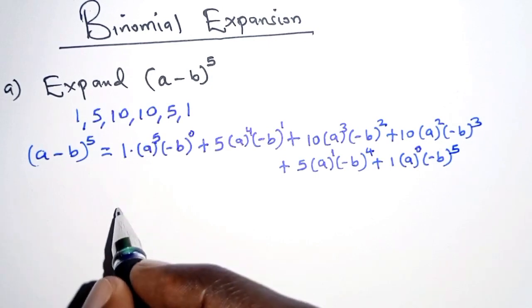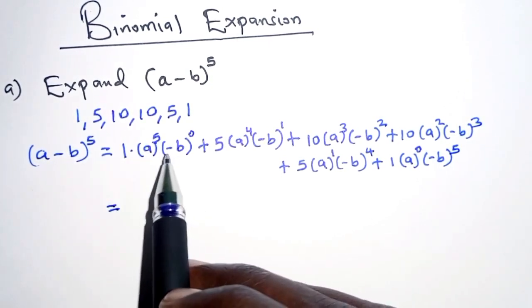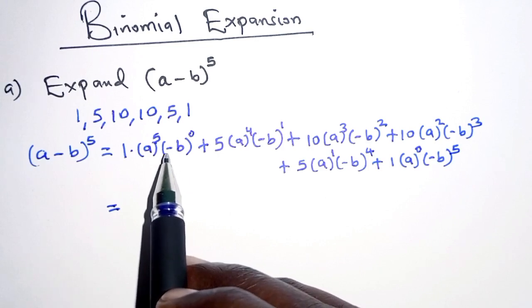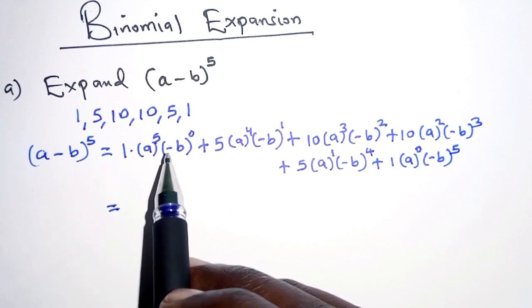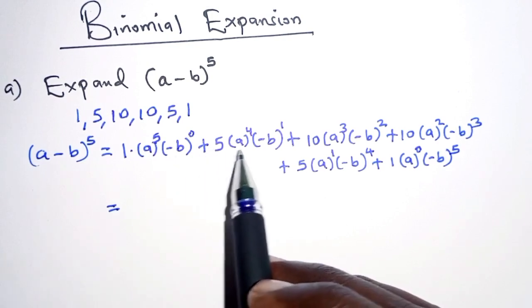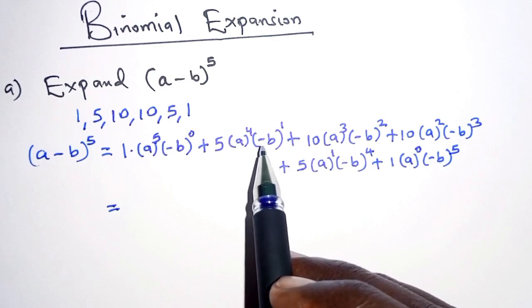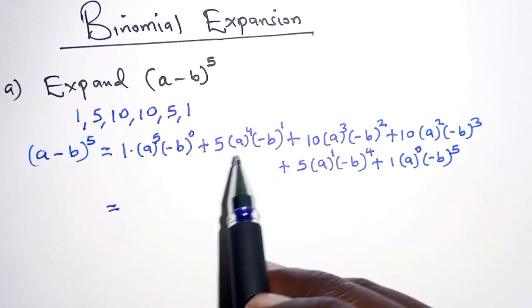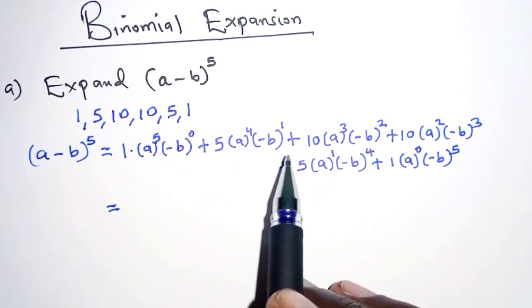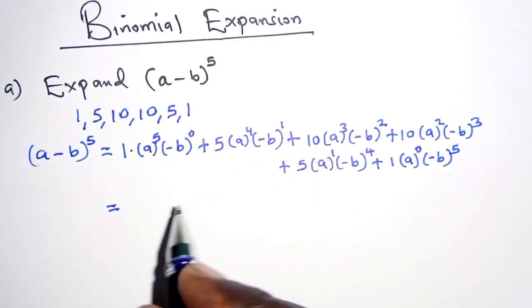The second term is a negative. Every time we raise a negative number to an even power, the result is positive, and if we raise a negative number to an odd power, the result is negative. We'll consider that when simplifying the expression on the right hand side.